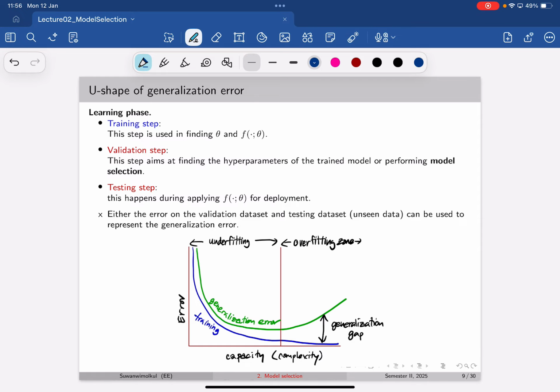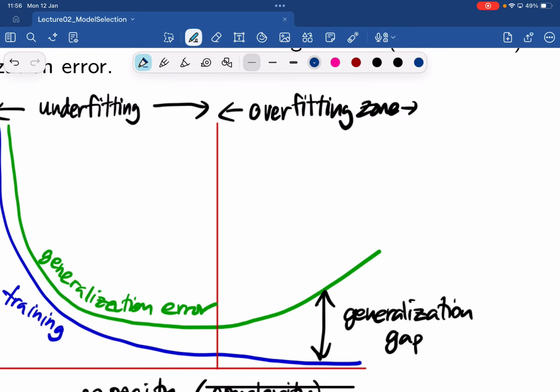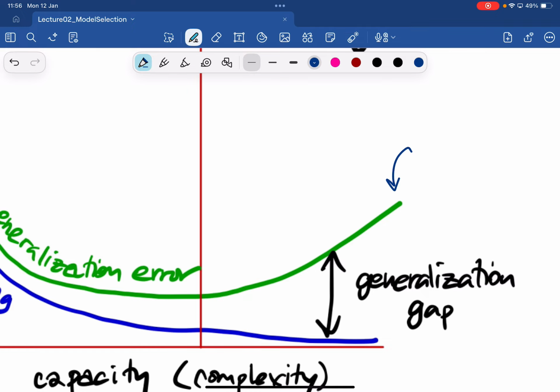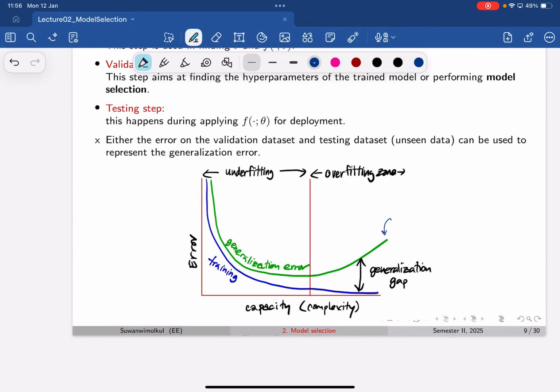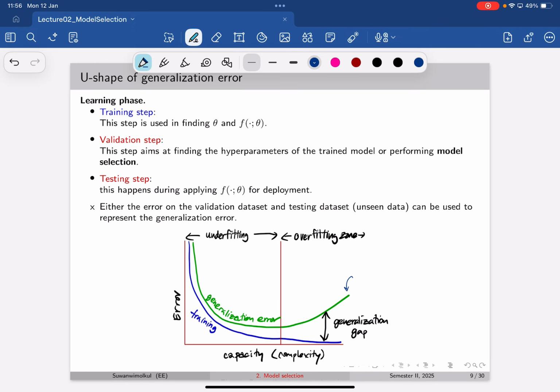As I mentioned before, if your green line is the line for validation, it could be for your testing as well. If you notice that the line of your validation performance initially starts to decrease, just like your training, that means everything's going well. But when your validation line starts to increase, that means you should stop, because that is when your model starts to overfit. This is just to recap.